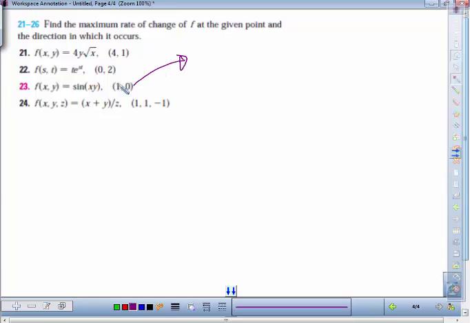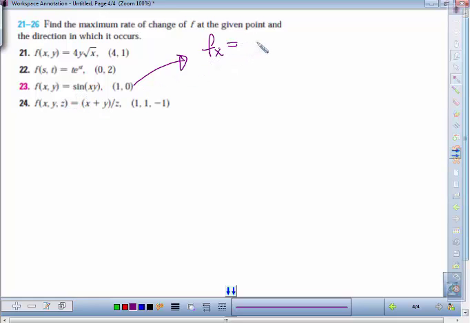So let's go through the process of finding out the maximum rate of change and then the direction in which it occurs. So this is our function, sine xy, and then our point is at 1, 0. So let's figure out what that is. We need fx, the derivative of this with respect to x.